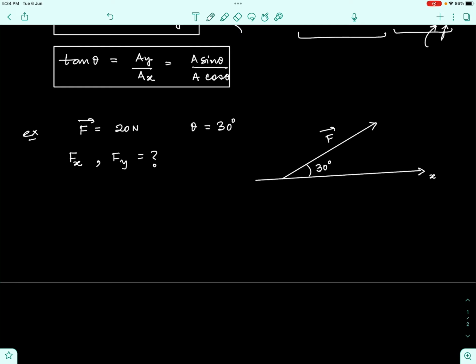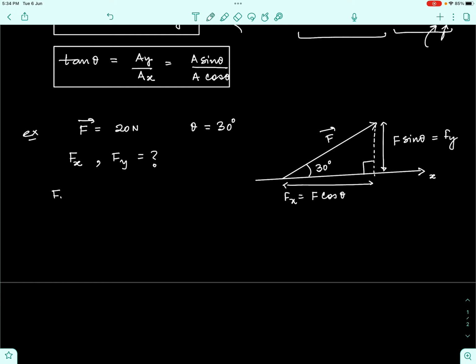Look at this. We can easily say that by dropping the perpendicular onto the x axis, this length, which will come out to be nothing but F cos theta, will be the horizontal component Fx, whereas the vertical component can be obtained by writing F sin theta. We are using basic trigonometry here, right. So, that will be nothing but the y component Fy.